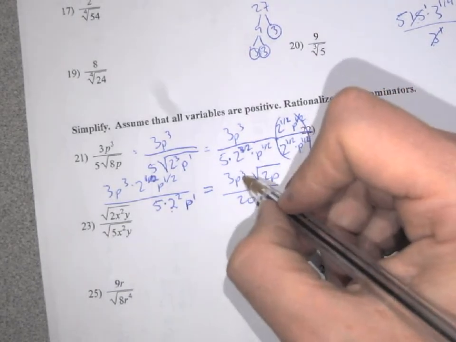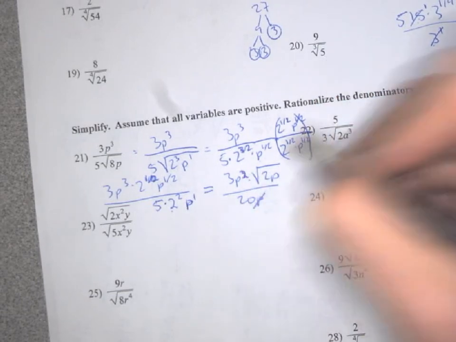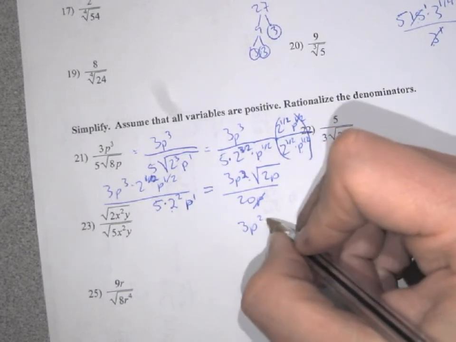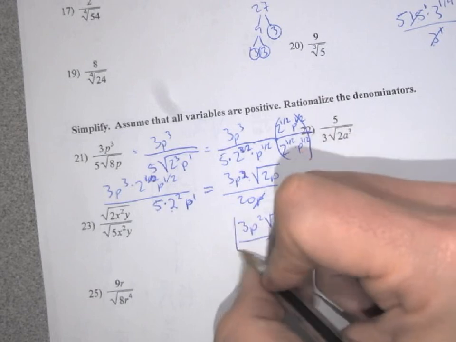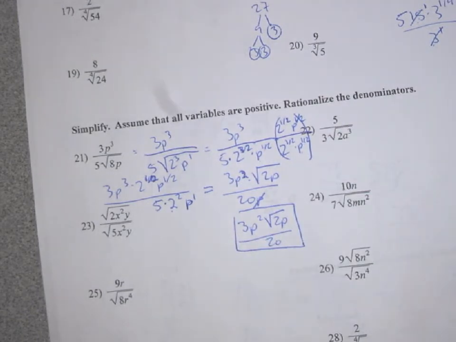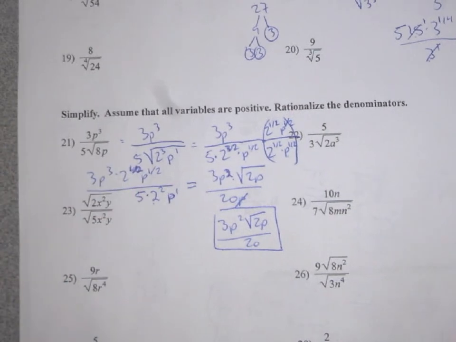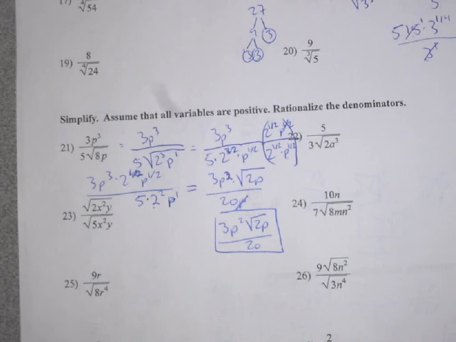Now since there's 3 p's up here and 1 p down here, this p can cancel with one of the p's here, and I'm going to have p squared. So it's 3p squared times the square root of 2p over 20. I recommend using rational exponents on these, especially when you have variables and powers and stuff.